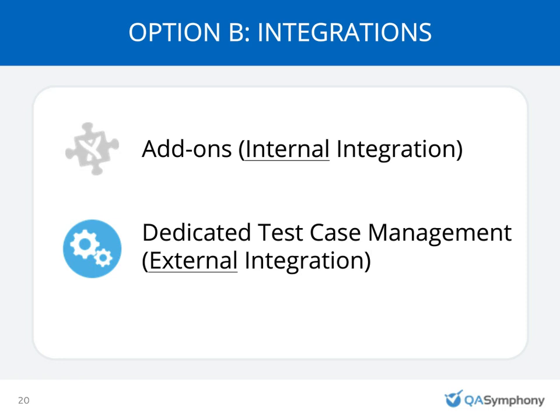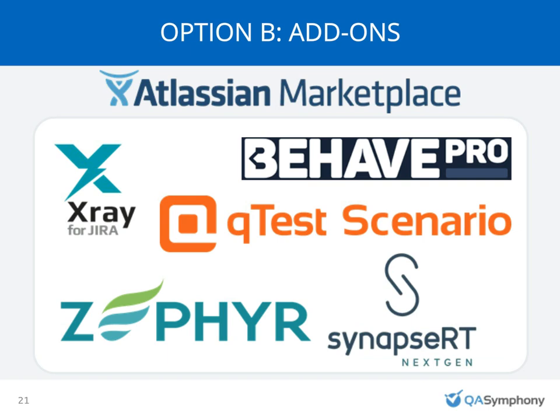So the add-ons that are in the marketplace may be familiar to you. We're only going to highlight a couple of these today, and I'm only going to talk about some of the main features and also some of the main limitations that they have. You have X-Ray for JIRA and Zephyr for JIRA. Those are very popular for manual test execution. X-Ray also extends functionality a little bit in terms of being able to do BDD type testing as well. Then we also have those that are really focused on BDD, TDD and ATD type testing: Behave Pro and Qtest Scenario.